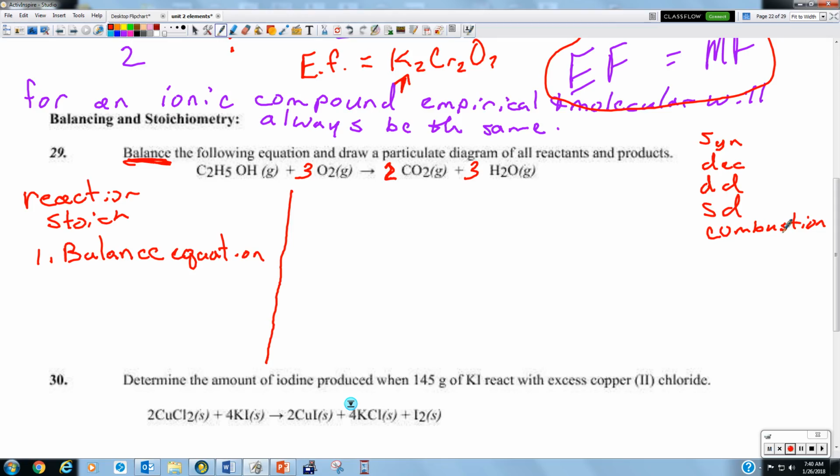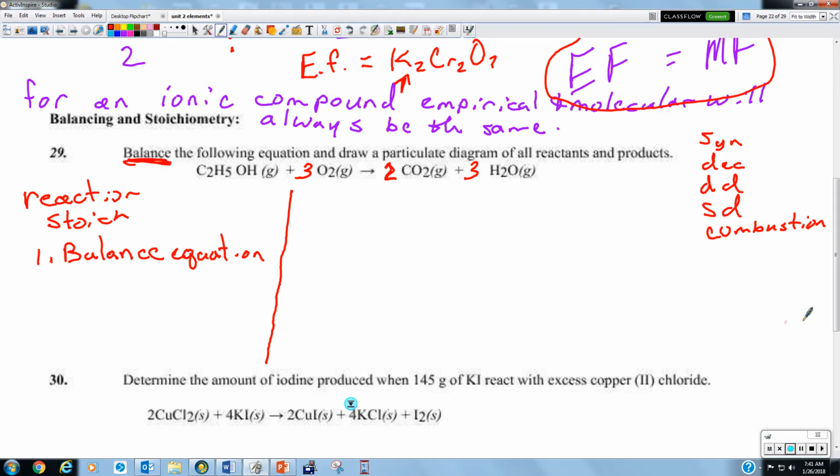Decomposition is a large compound breaking up into smaller compounds. Double displacement is 2 compounds where the metals replace each other. Single displacement is where you have an element and one compound, and the element displaces another element in the compound. And combustion always involves a compound that's being combined with oxygen.